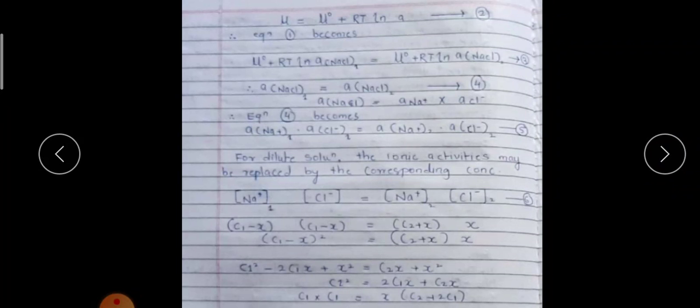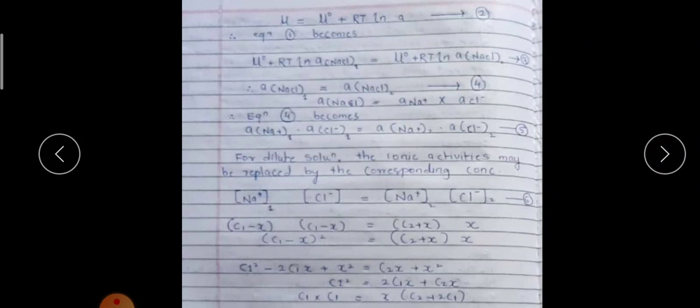This equation becomes activity of Na+ 1 times activity of Cl- 1 equals activity of Na+ 2 times activity of Cl- 2. This is equation number 5. For dilute solutions, the ionic activities may be replaced by the corresponding concentrations, with square brackets representing concentration.